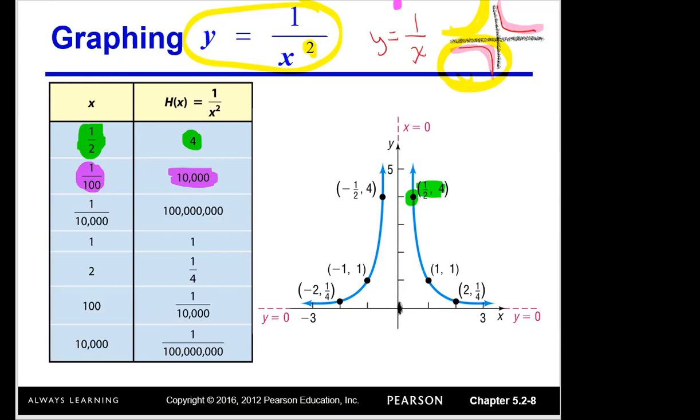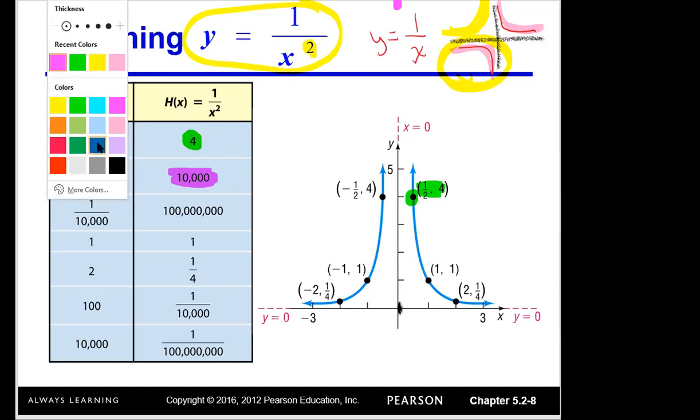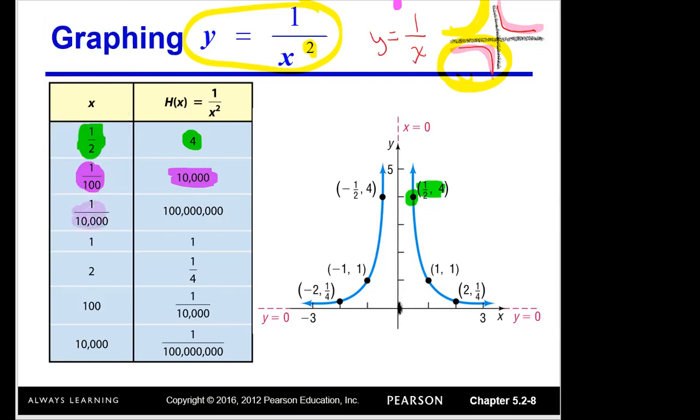And then they get even smaller. They do 1 over 10,000, which makes y even bigger. So now we're getting even closer to the origin. I'm getting microscopically close to x being 0. And the y is huge. So it's way up here now. I mean, way, way up there.